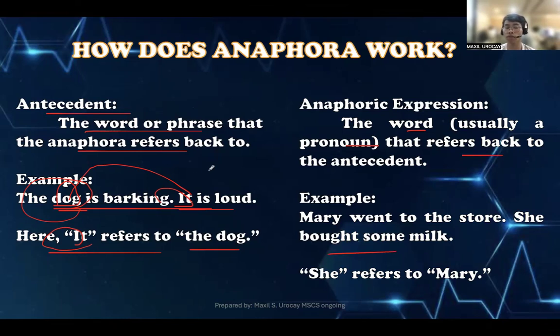She is referring to Mary, and that is good and simplified. So the she and it right there are the anaphoric expressions, which refer to Mary as well as to our dog. So that's how it works.